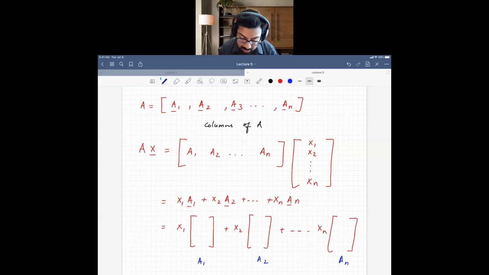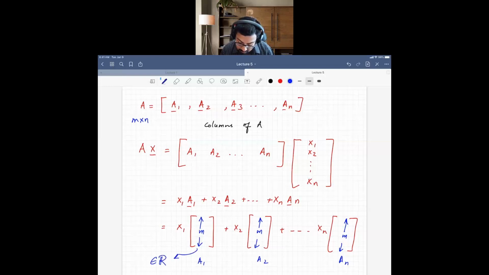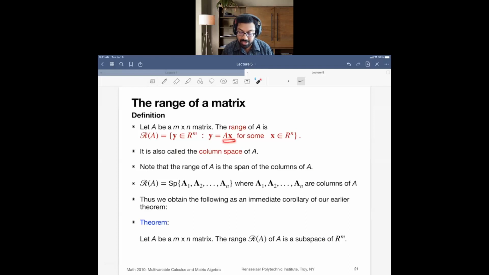If you start off with A as M by N, you have n columns, but you have m rows, which means that each of these has m entries, M rows here, and so on to m rows here. So those are going to belong to R to the M. Which is why, if I go back over here, when you do the AX, you get a Y that belongs to R to the M for some X that belongs to R to the N.